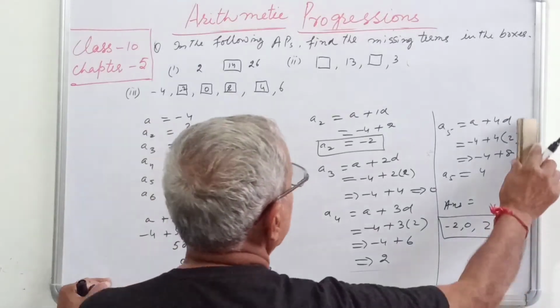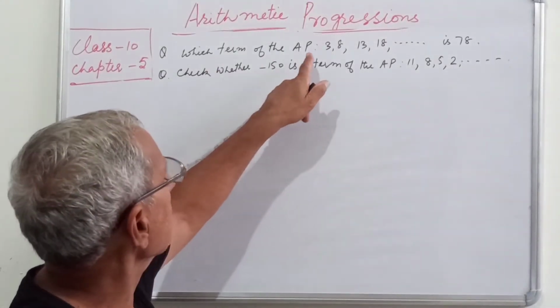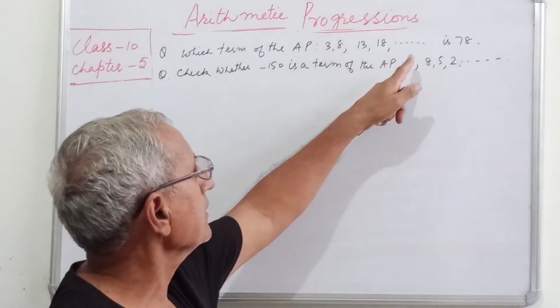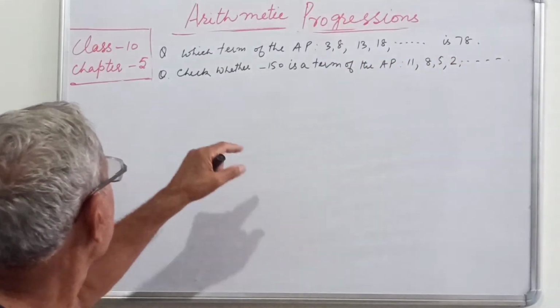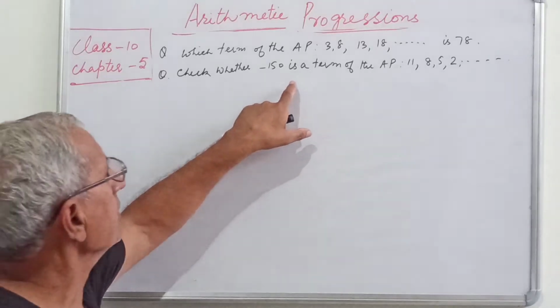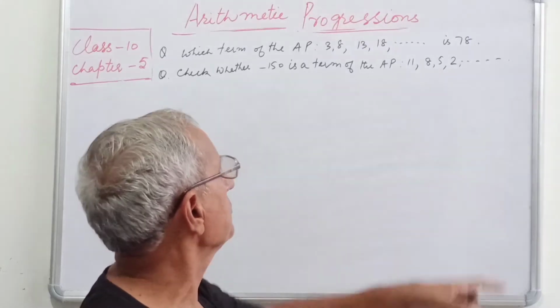So next question. The next question is, which term of the given AP 3, 8, 13, 18 is 78. Next question, check whether -150 is a term of the given AP 11, 8, 5, 2.